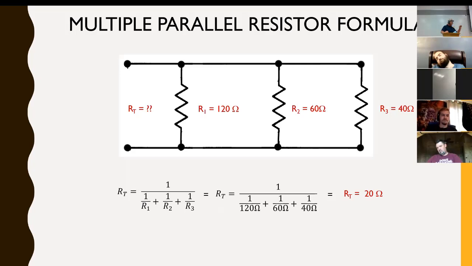So I'm going to combine the conductance of R2, expressed as 1 over R2, and I'm going to add to that the conductance of R3. Now all three of those added together gives me the total conductance of that circuit, but I want the total resistance, so I've got to take the inverse of that, and that's why all of that is under a 1.